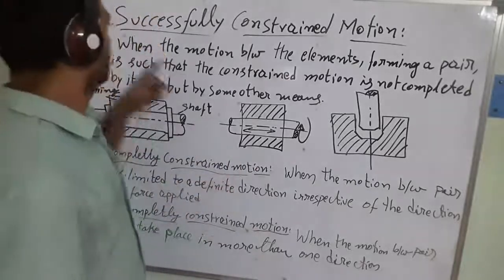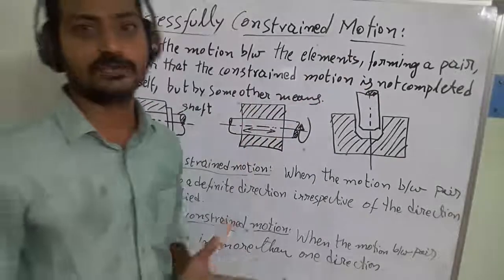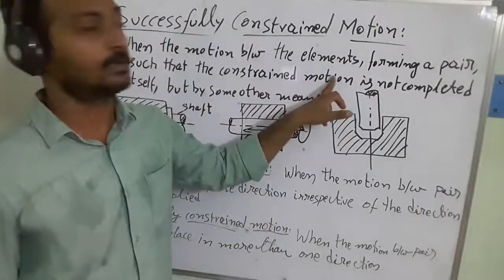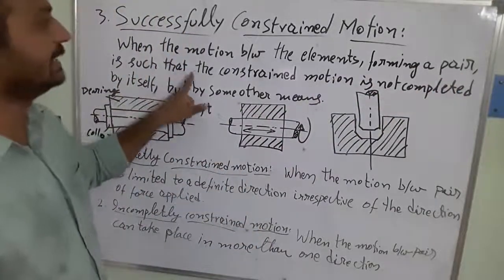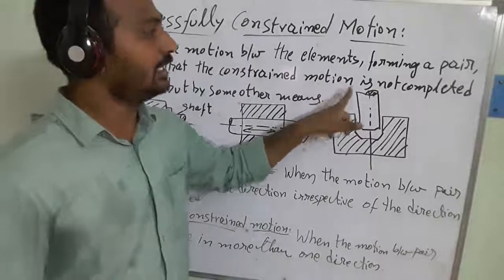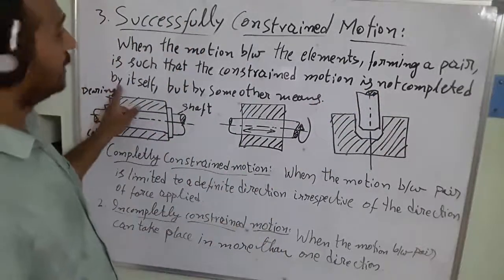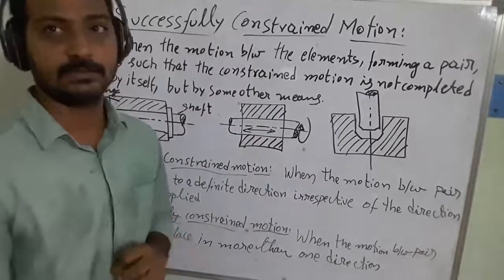The third one is called successfully constrained motion. What is successfully constrained motion? When the motion between the two elements forming a pair is such that the constrained motion is not completed by itself, but by some other means.